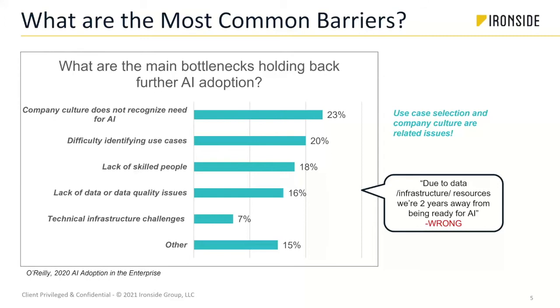Do not try to boil the ocean and cure your data infrastructure in advance of adopting AI and machine learning. You can't afford to do it. There are real business cases out there today in your organizations that will create business value, and you've got to start there in a focused manner, okay? And last, those technical infrastructure challenges, again, part of that same lack of data or data quality. Those are very closely tied together.